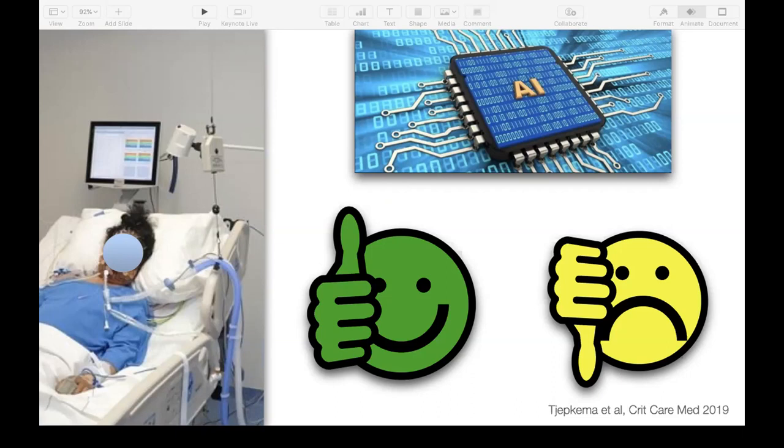And details of this work were recently published in Critical Care Medicine. But it does show, I think, the power of the AI. We were quite impressed, actually, by its performance. That without any explicit features, just feeding the net with raw EEG signals, we were able to obtain classification accuracy even slightly better than a human expert.